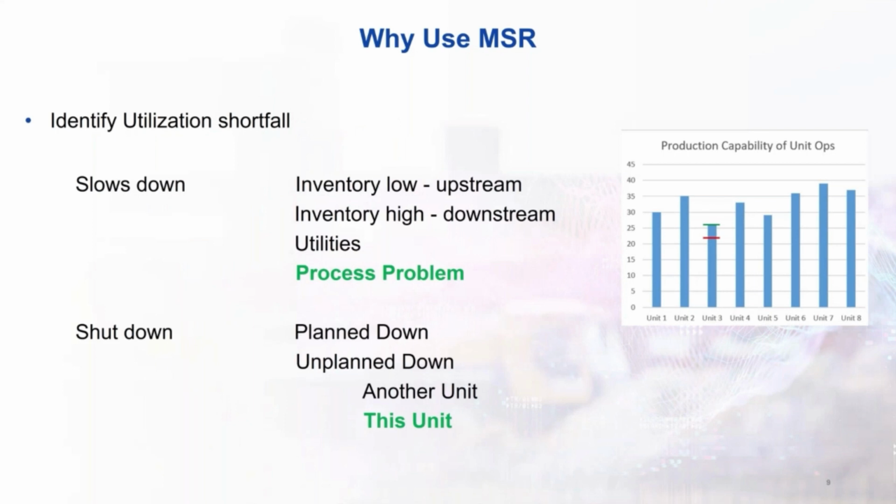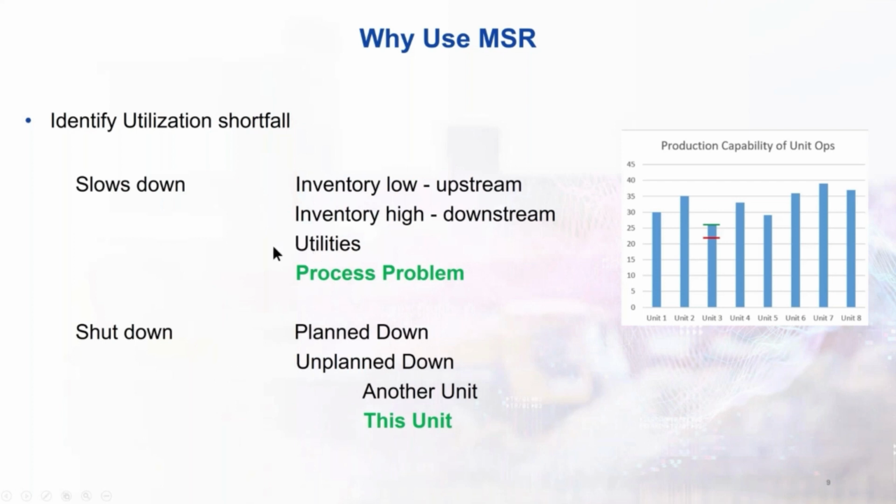So when we look at the utilization portion of it, how can we move the red bar up? We have slowdowns and we have shutdowns. Slowdowns have 4 possibilities. Inventories are low upstream: the people feeding you feedstock don't have any, so you have to slow down. Or the people downstream that you're providing feedstock to can't take it away, they're full up, so you have to slow down.